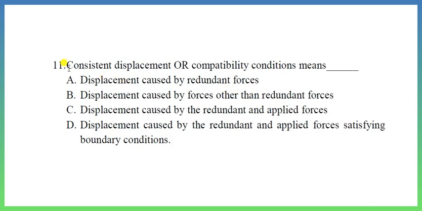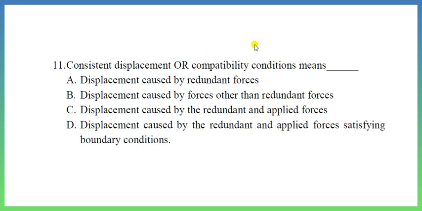Next one, consistent displacement or compatibility condition means option A, displacement caused by the redundant forces, B, displacement caused by the forces other than redundant forces, C, displacement caused by the redundant and applied force, and option D, displacement caused by the redundant and applied forces satisfying the boundary condition.